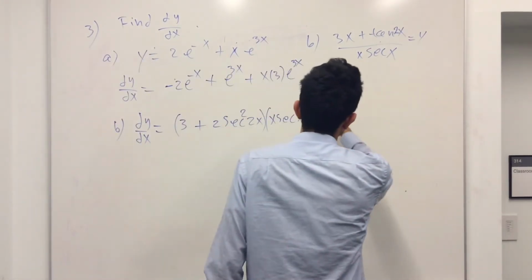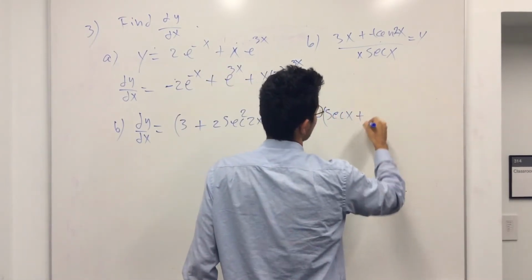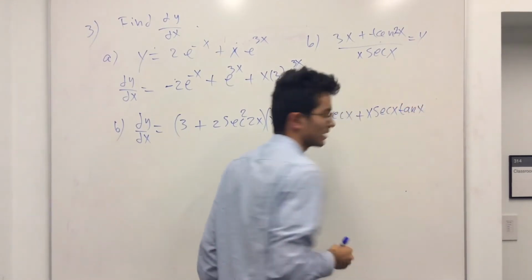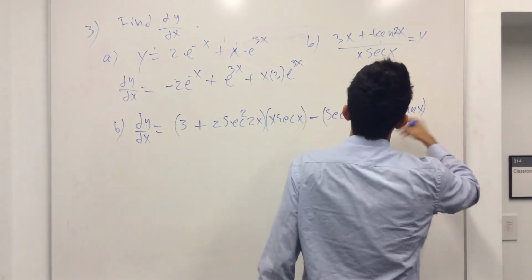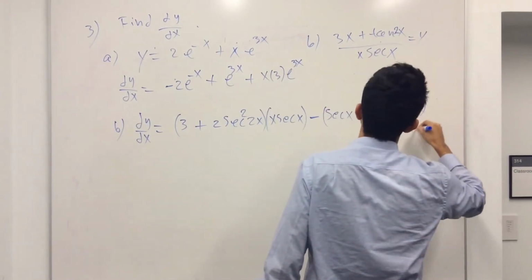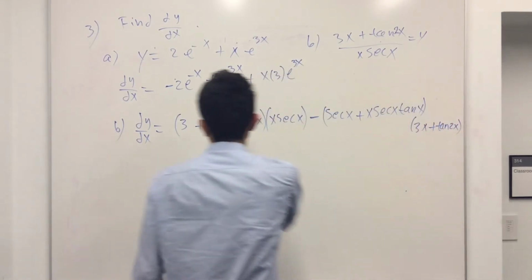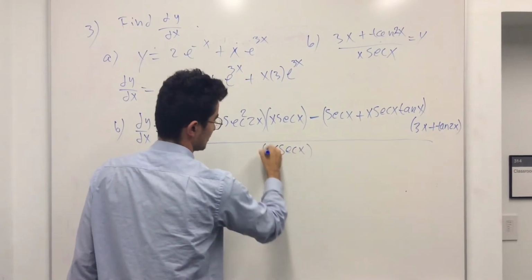That's product rule over there. So we have secant of x plus x secant x tangent x. That's the derivative of secant of x. That's secant tangent. And all of that multiplied by the top, right? The top function, which is just 3x plus tangent of 2x. All of this is divided by the bottom function squared, x secant of x squared.